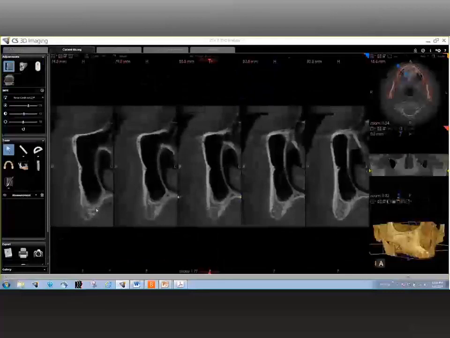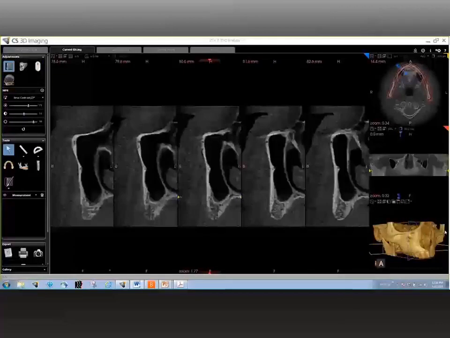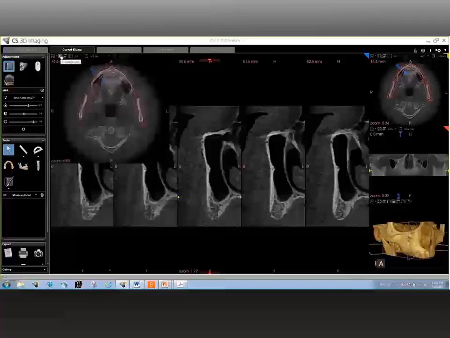And then, of course, you have the trabeculation pattern within the cancellous bone, which also signifies the health of the bone by itself and the density of the bone. And like I mentioned earlier, traditional methods of evaluating the density of the bone do not apply, so it's a little bit different criteria.